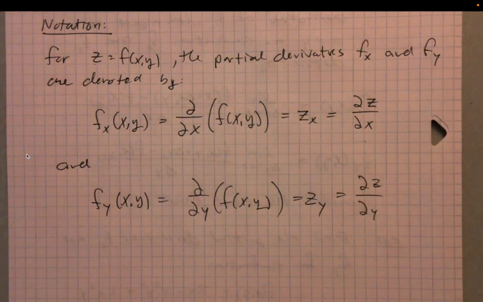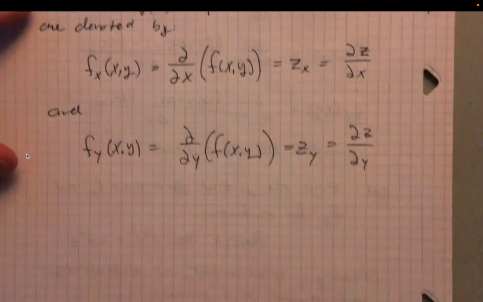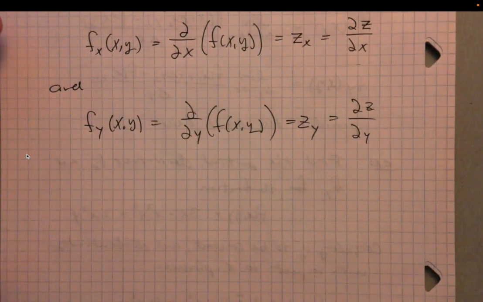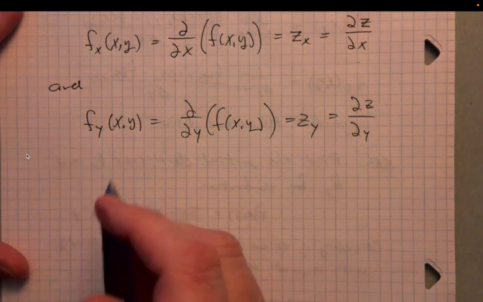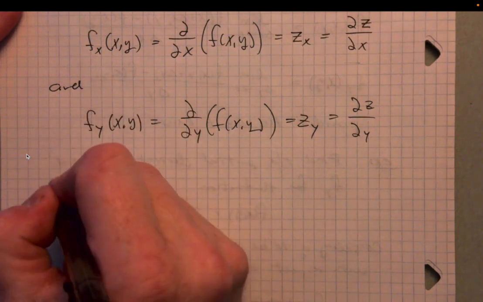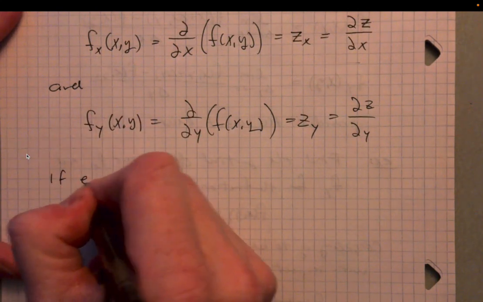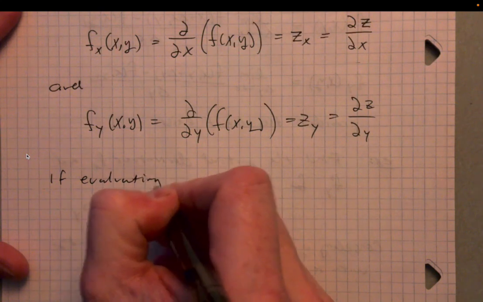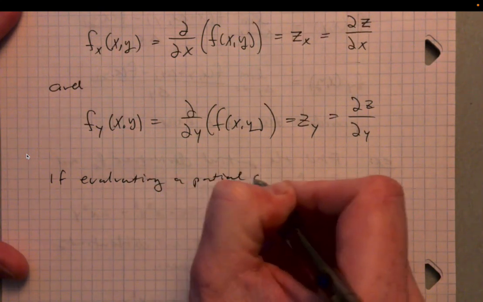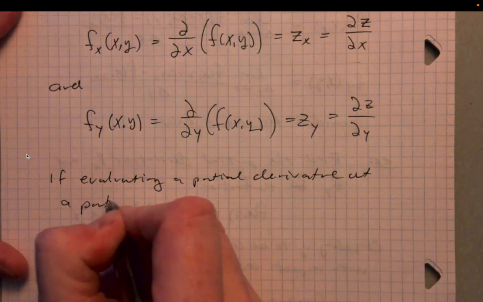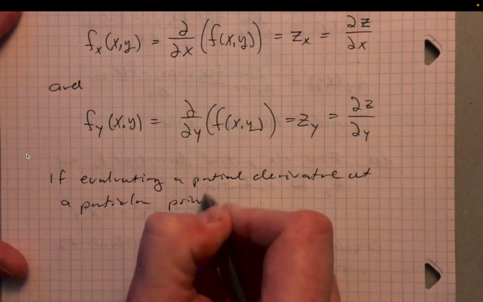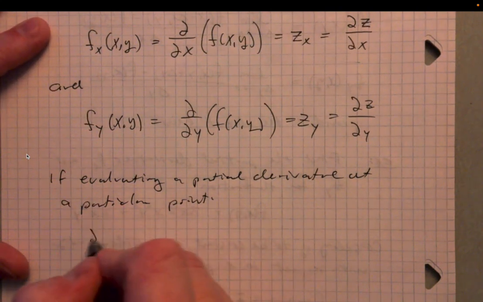They're commonly used. These are all highly relevant notations. And sometimes you'll be asked to evaluate partial derivatives at a particular point, and frequently those evaluations will be notated in a particular way as well. So if evaluating a partial derivative at a particular point, sometimes the notation will look like this.